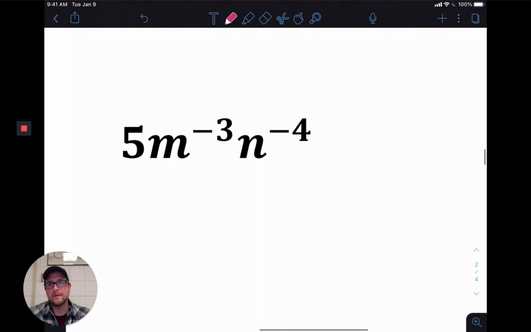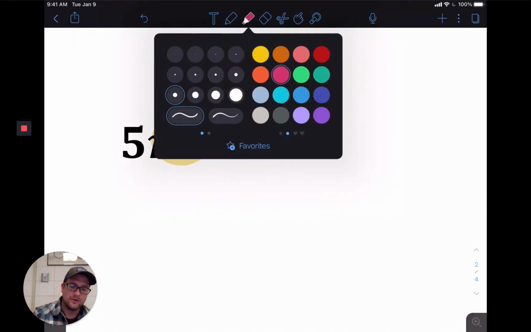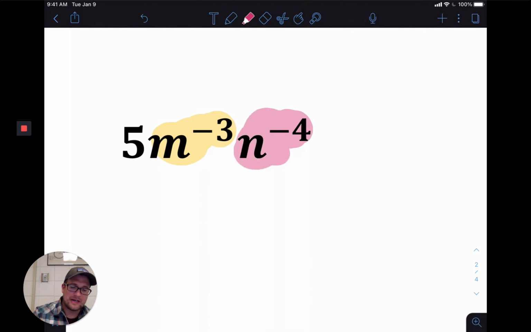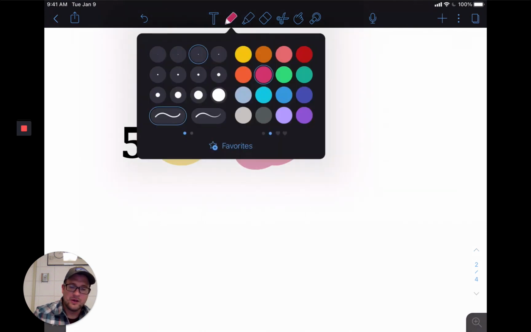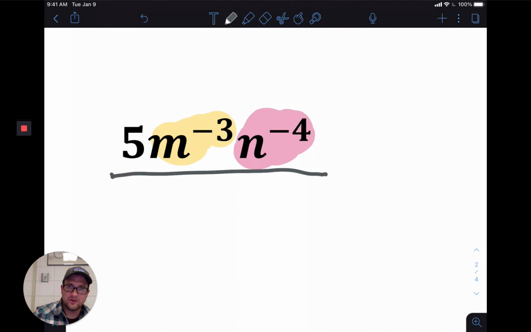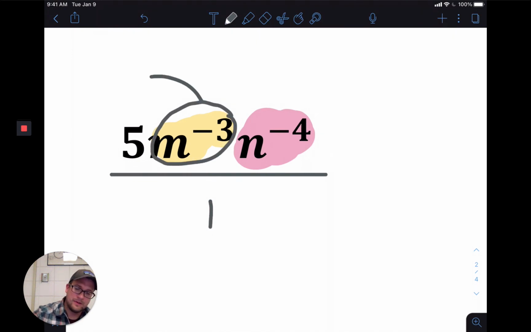Here's another one. We have 5m to the negative 3rd times n to the negative 4th. If we're looking at this and we're saying, well, what can be simplified here? Well, of course it's the fact we have negative exponents. We know we're not allowed to have negative exponents in our answer. So in order to fix them, what we want to start by doing is just making a fraction. Once you've made a fraction, anything with a negative exponent can be moved to the bottom.